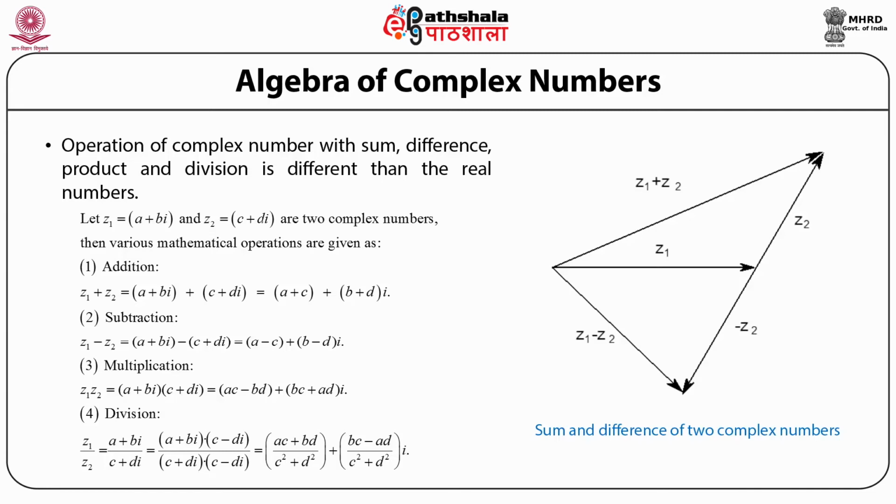So root of minus 1 times root of minus 1 becomes minus 1, and that when multiplied by B into D becomes minus BD, and that transforms into the real axis. So it is AC minus BD.